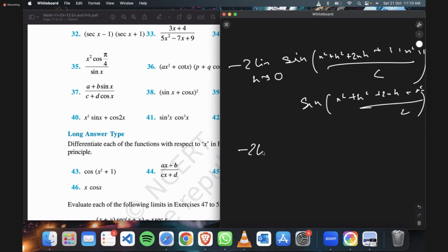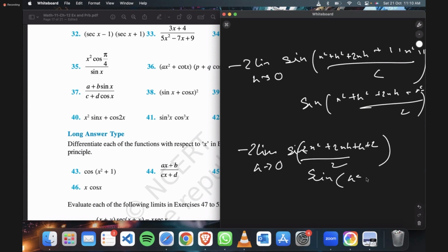I'm going to be left with this only. (2x squared plus 2xh plus h squared plus 2) whole divided by 2 multiplied with sine of (h square plus 2xh) by 2, whole divided by h as well.